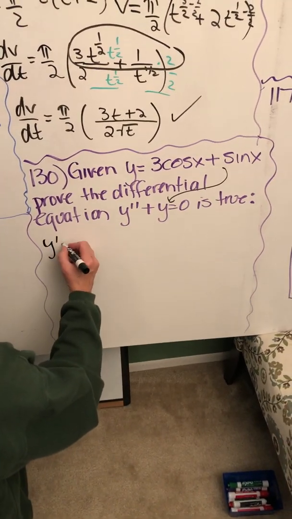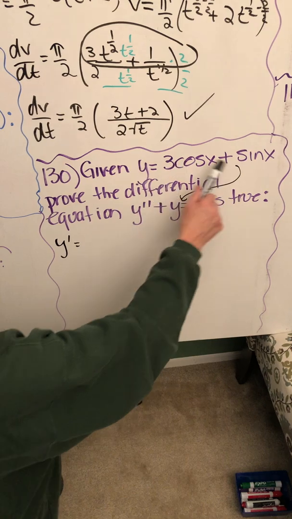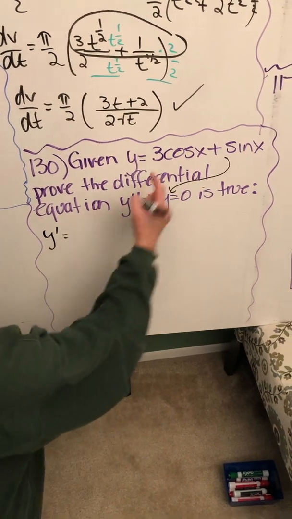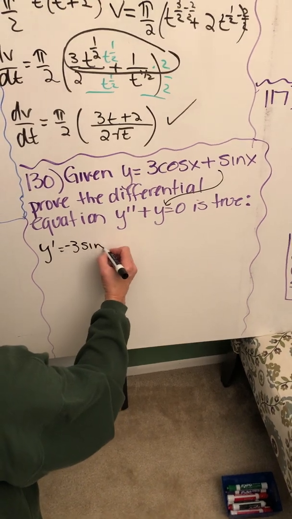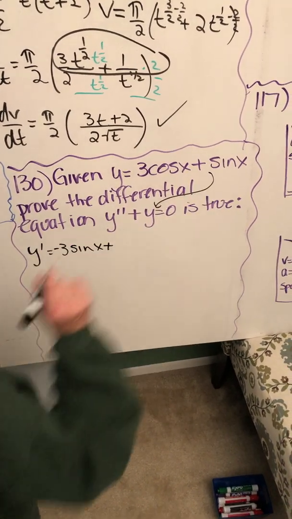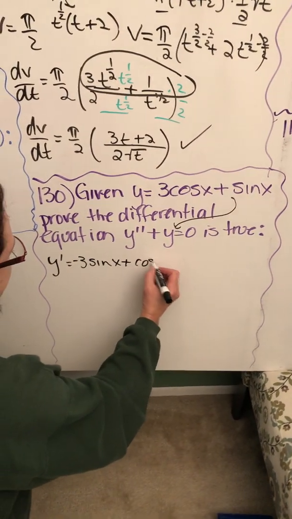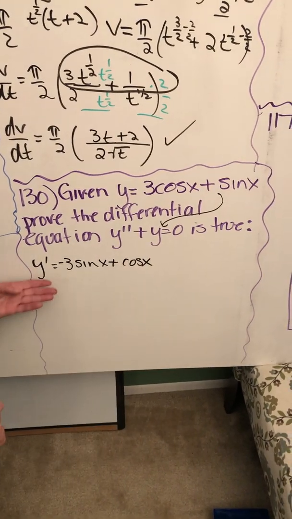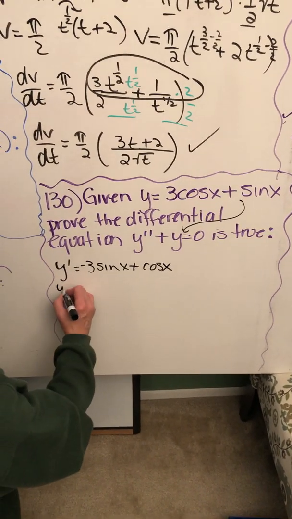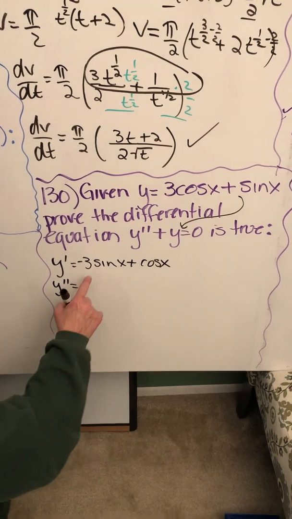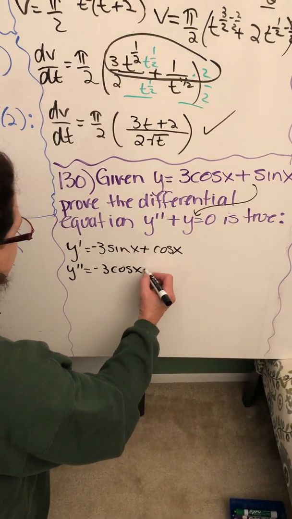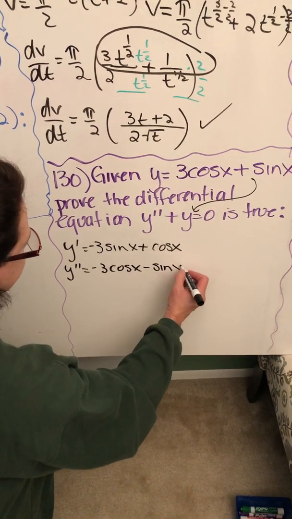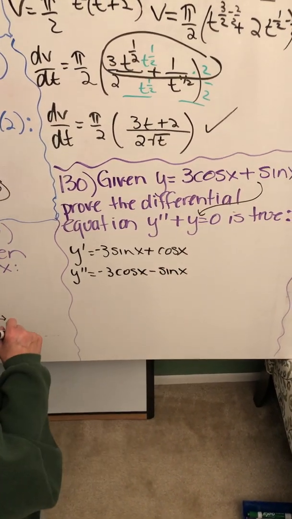So the first derivative of 3 cosine plus sine would be, bring my constant, the derivative of cosine is a negative sine, and the derivative of sine is cosine. Okay, got to take the derivative of the first derivative to get to the second one. That would be negative 3 cosine of x minus sine of x, right? Remember, the derivative of cosine is a negative sine.